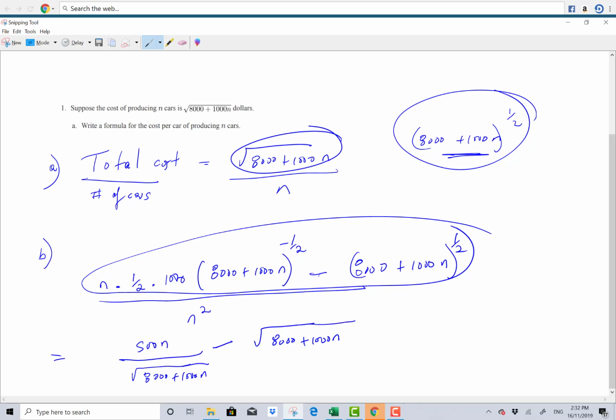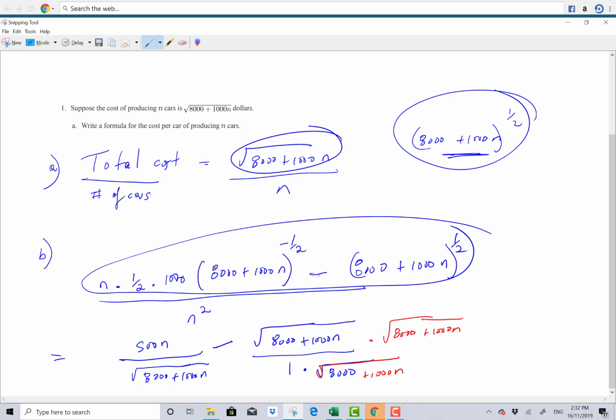With that being the case, if I merge this as a single fraction, this over 1, I'm going to multiply this by the square root of 8,000 plus 1,000 n. Let me use a different color to make sure you're following. As a single fraction, working at the top, I'm going to multiply the top also by 8,000 plus 1,000 n.